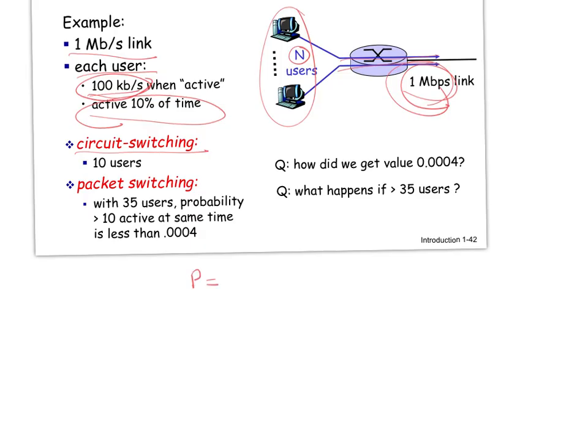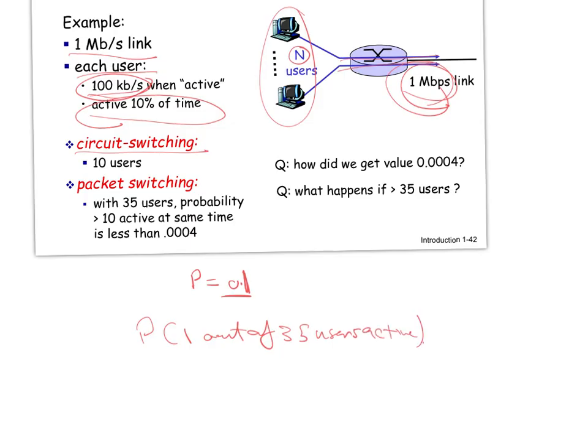We know that this is 0.1. This is the probability that one user is active. What is the probability that 1 out of 35 users is active?